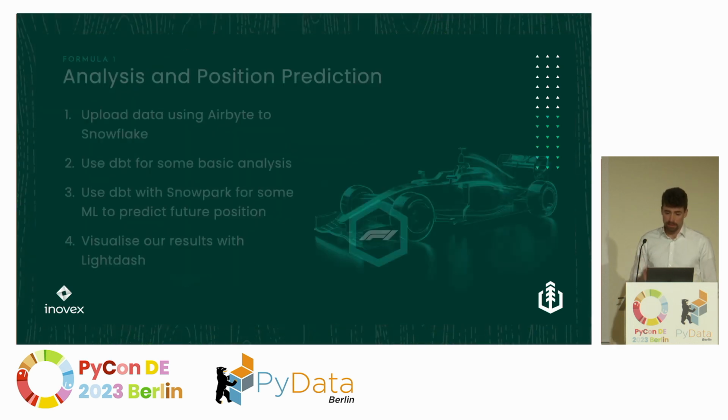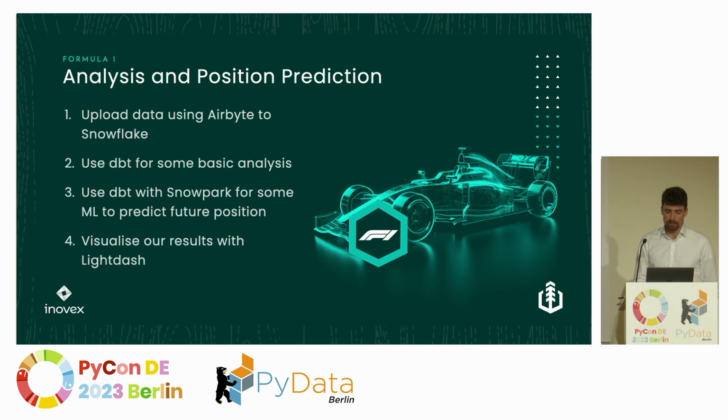And speed is actually quite a nice keyword, because the use case and the data I'm going to use in this tutorial is Formula One data. And in the tutorial, the data is just uploaded into Snowflake. Then dbt is used to run some basic analysis.